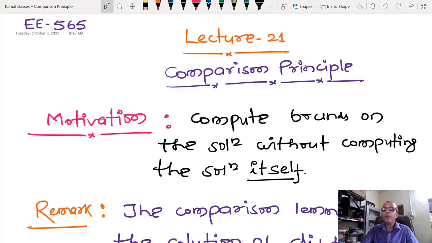For that, the first step is to map that nth order nonlinear differential equation to an equivalent first order differential equation, and most of the time I know how to solve a first order differential equation. By solving it, I can tell that the physical quantity is going to lie in a particular range. That is the main motivation of today's lecture.